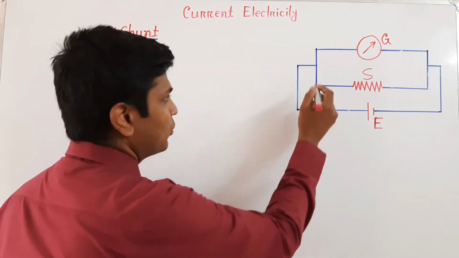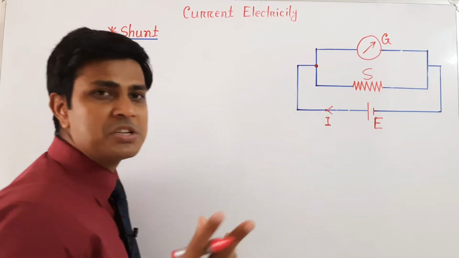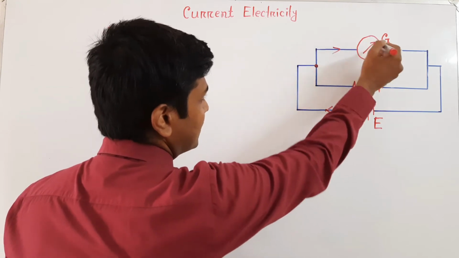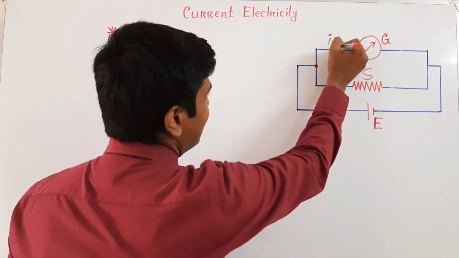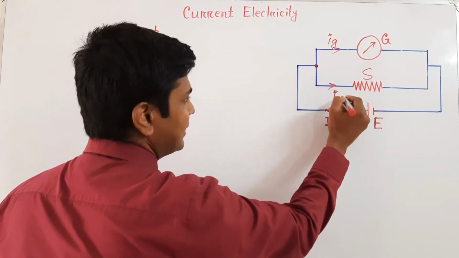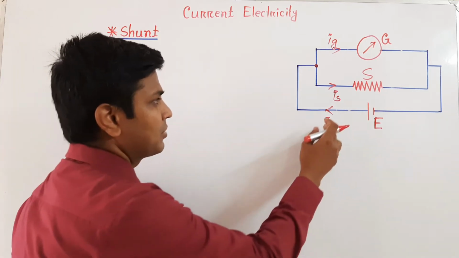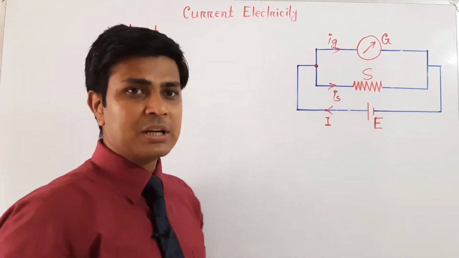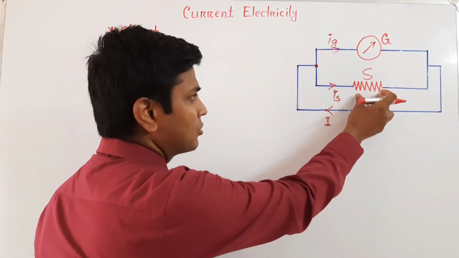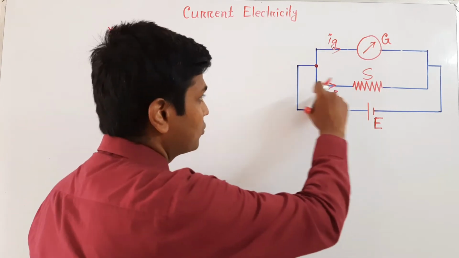Suppose when the current reaches this point, it will divide into two ways. Let's consider that Ig amount of current is flowing through the galvanometer, and Is amount of current will flow through this shunt. But it depends on the resistance of the shunt. If we connect a small amount of resistance here, then most of the current will flow through the shunt.